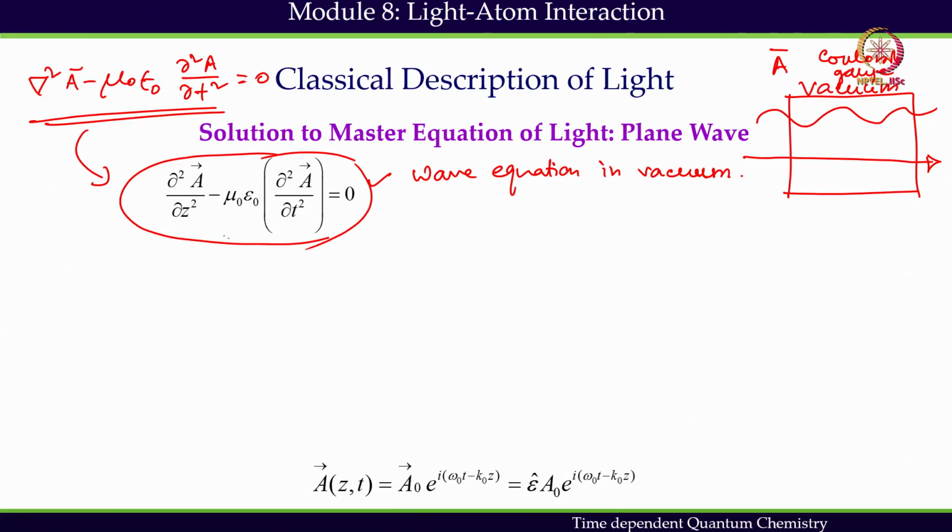We have seen a similar kind of equation for the Schrödinger equation, the time dependent Schrödinger equation. The time dependent Schrödinger equation has something like this: psi of x, t equals H psi of x, t, something like that.